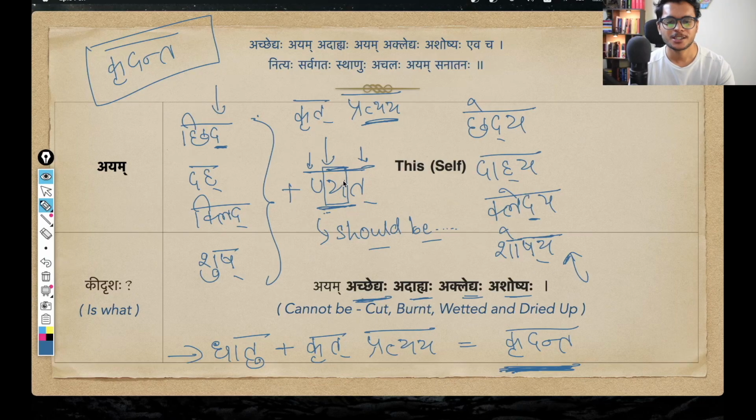And as you can guess, these it letters are just there to indicate the nature of the pratyaya, the behavior of the pratyaya: that if such indicatory letters are there, this pratyaya will cause so and so changes in the dhatu or the pratipadika. Okay, so in our suffix here, this ya is the actual content that gets added. That is what we saw here: chedya, dahya, kledya, and shoshya. And this na and this ta are just here as it letters to indicate something.